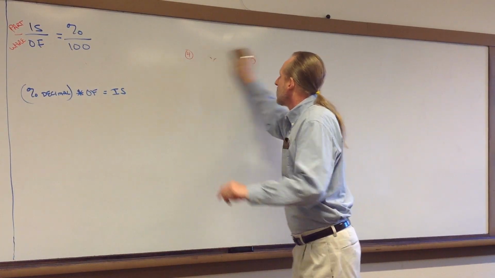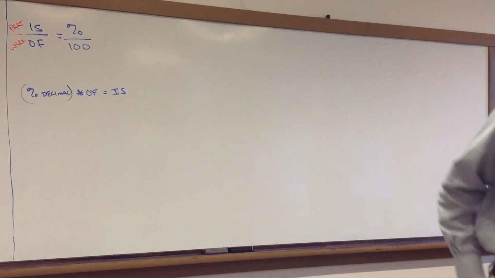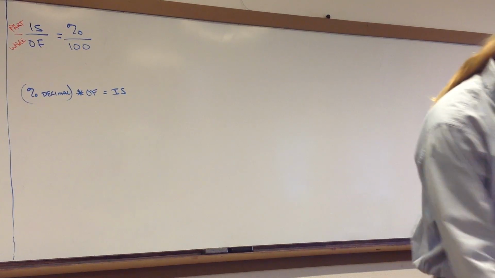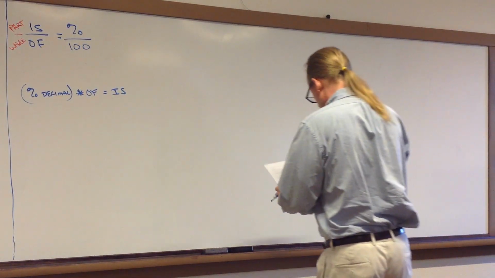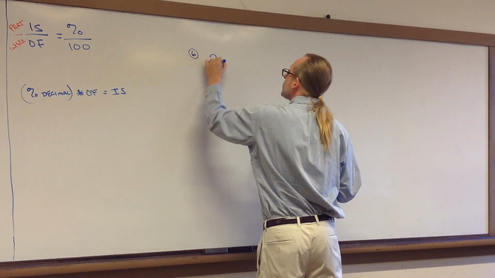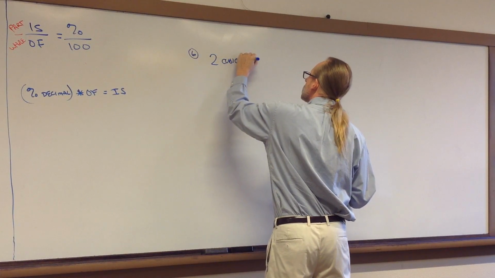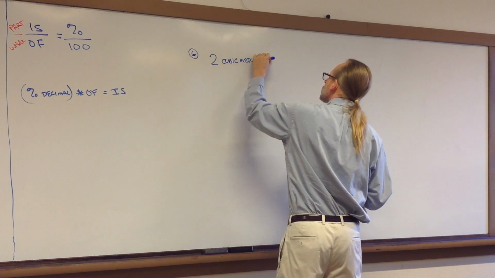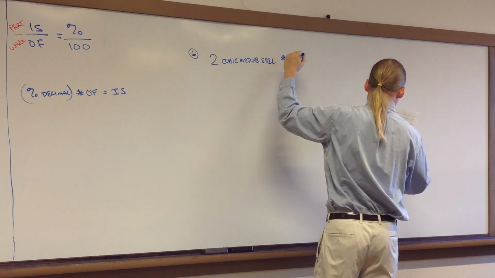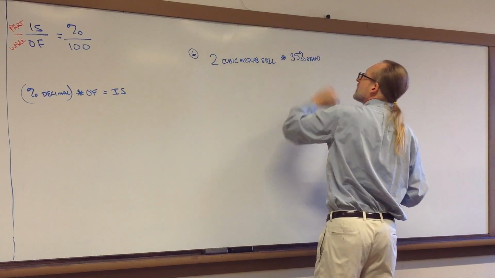All right, let's take a look at problem 6. Problem 6 says 2 cubic meters of soil containing 35% sand. So we've got 2 cubic meters of soil, and this is a concentration of 35% sand.